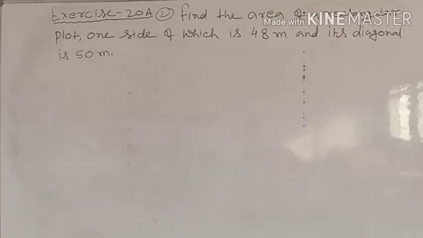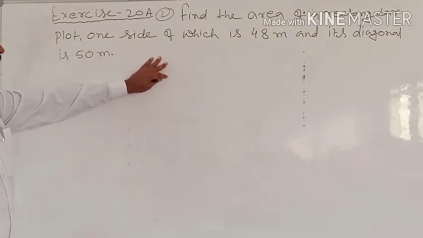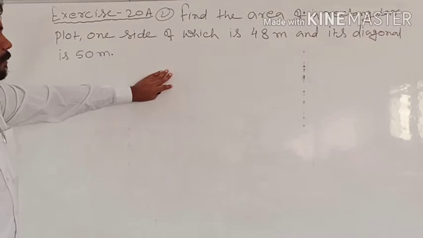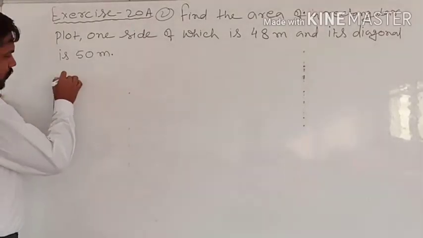Question number 2 is asking: find the area of a rectangular plot, one side of which is 48 meter and its diagonal is 50 meter. So let us first draw a rectangle here. The plot is of rectangular shape.